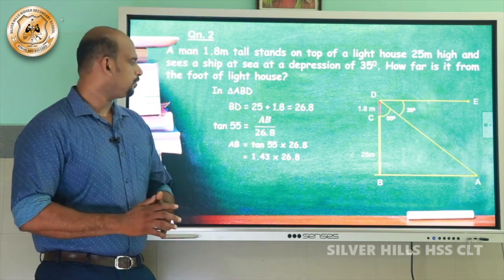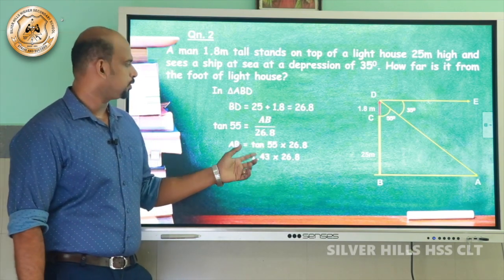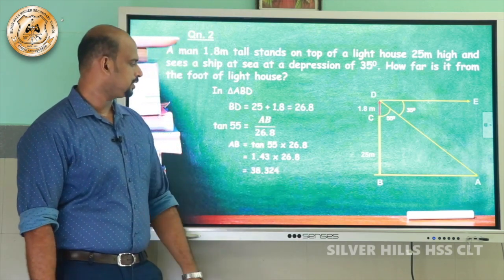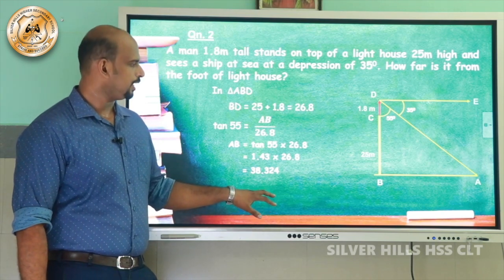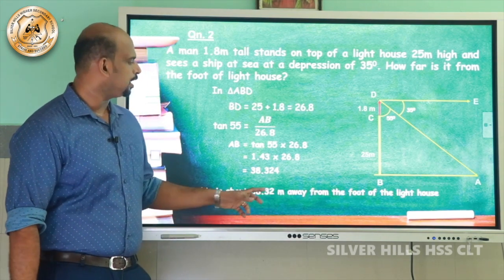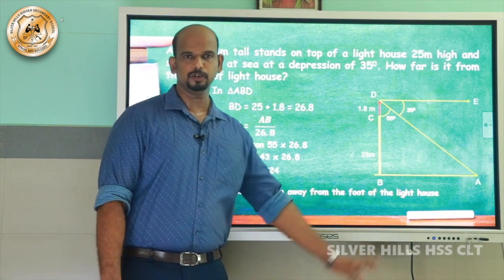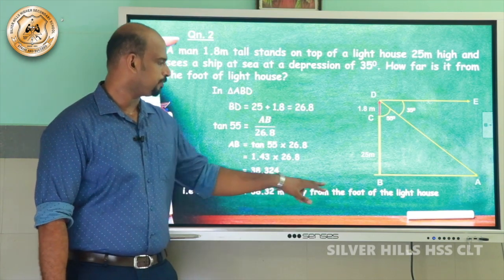The approximate value of tan 55 is 1.43. So 1.43 into 26.8 is equal to 38.324. That is, the ship is about 38.32 meters away from the foot of the lighthouse.